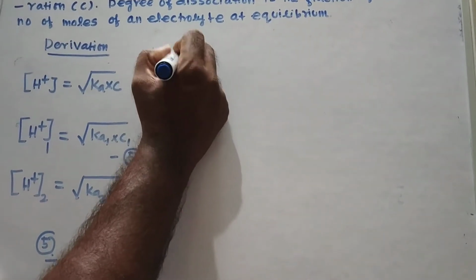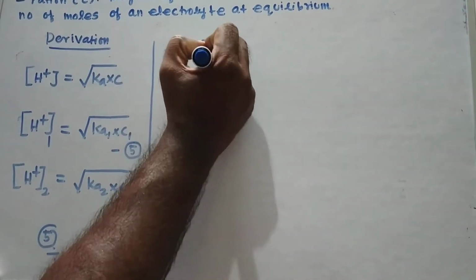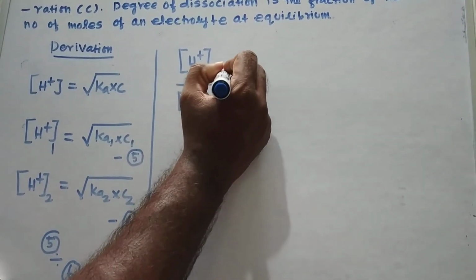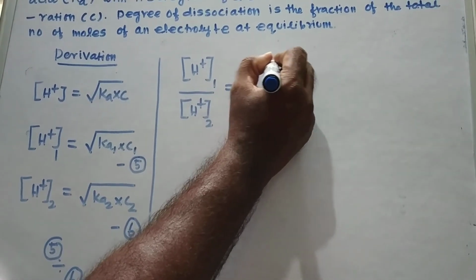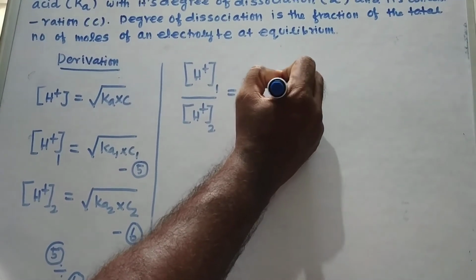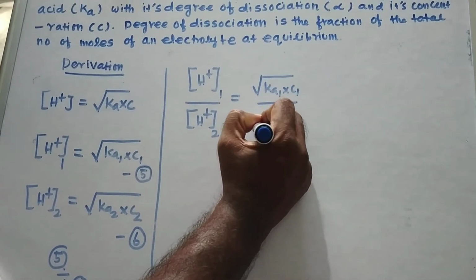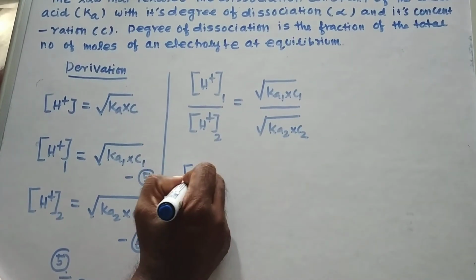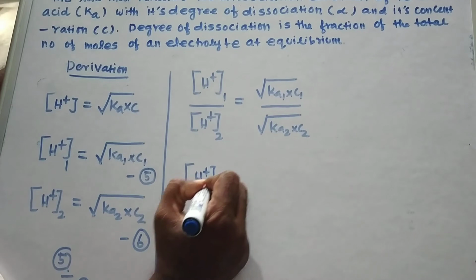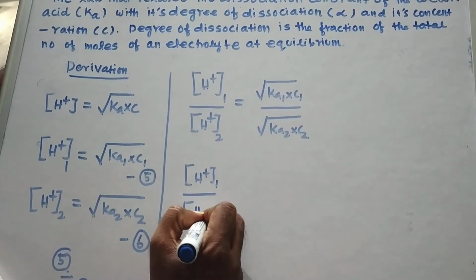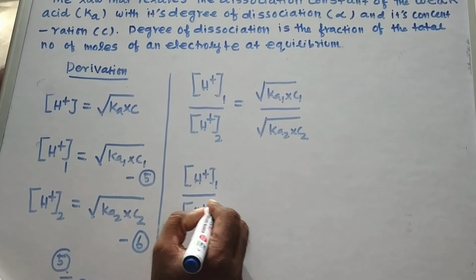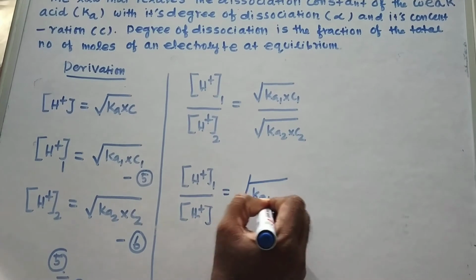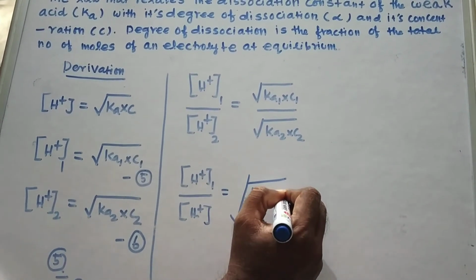Then we are going to get concentration of H plus ion 1 divided by concentration of H plus ion 2 is equal to square root of Ka1 into C1 divided by Ka2 into C2. Therefore concentration of H plus ion 1 by concentration of H plus ion 2 is equal to square root of Ka1 by Ka2 into C1 by C2.